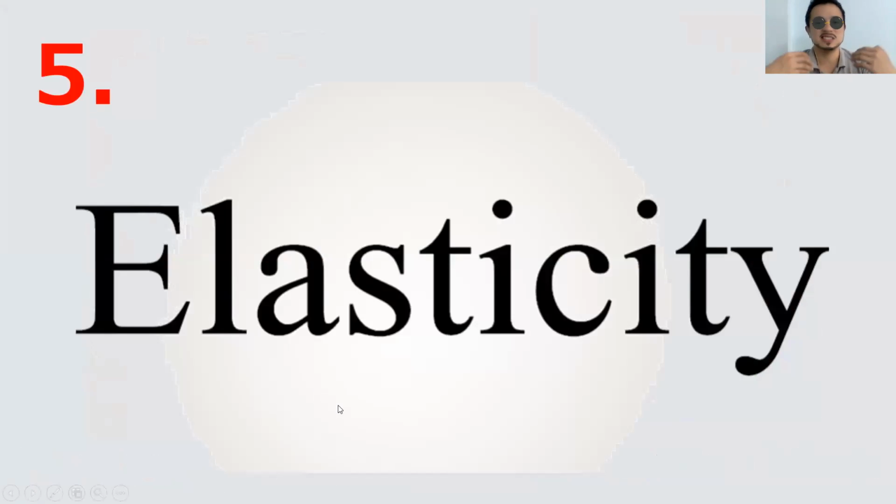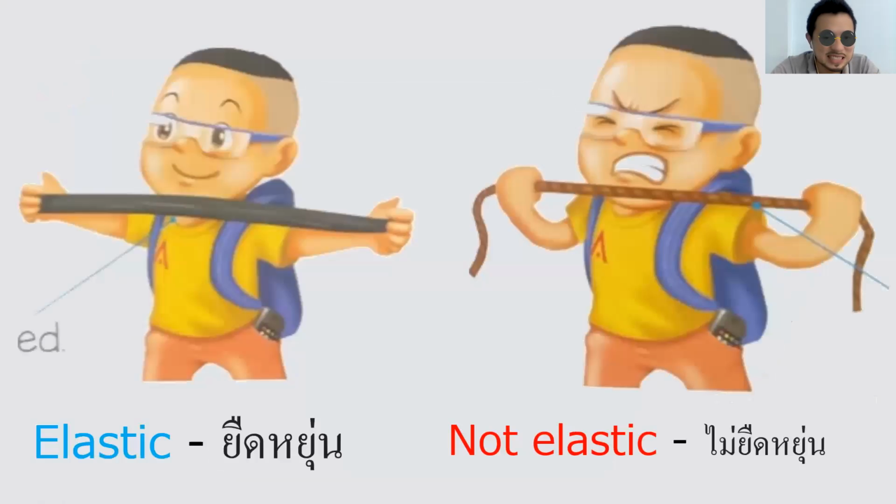Next, number 5, elasticity. What is elasticity? From the root word elastic. Elasticity is divided into two: the elastic and not elastic. The first one, look at the face of the boy.